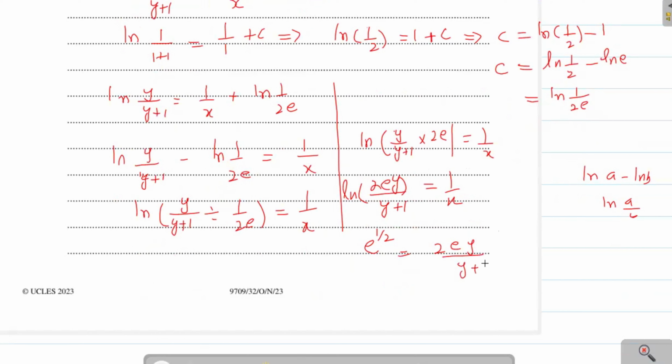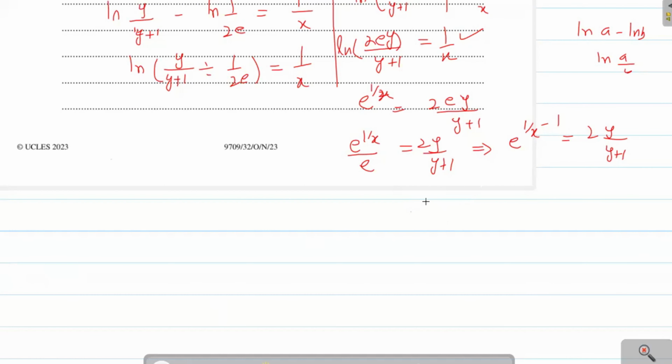Now we shift the e from right to left side, therefore this becomes e power 1 over x over e equal to 2y over y plus 1, and this will be equal to e power 1 over x minus 1 equal to 2y over y plus 1. This will be equal to e power 1 over x minus 1 into y plus e power 1 over x minus 1 equal to 2y.